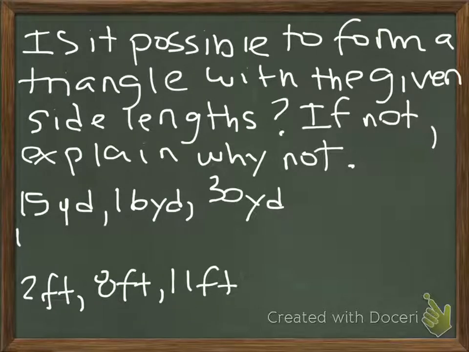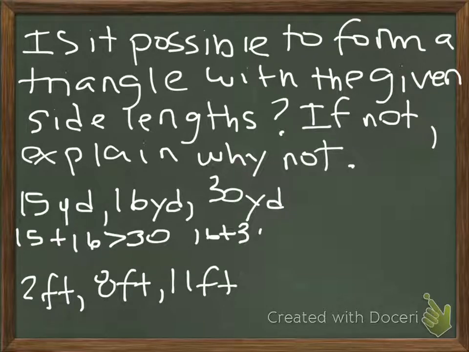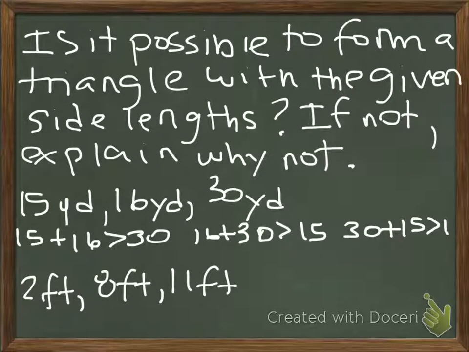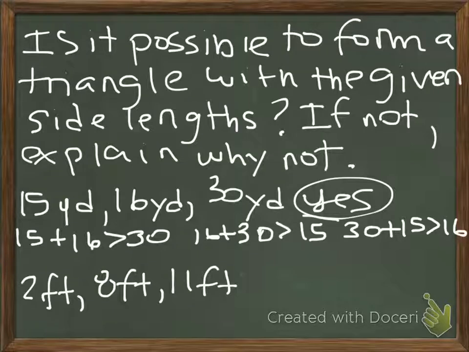So if we do 15 plus 16, that's 31, which is greater than 30. Then 16 plus 30 is obviously greater than 15. And 30 plus 15 is also obviously greater than 16. So yes, these could form a triangle.